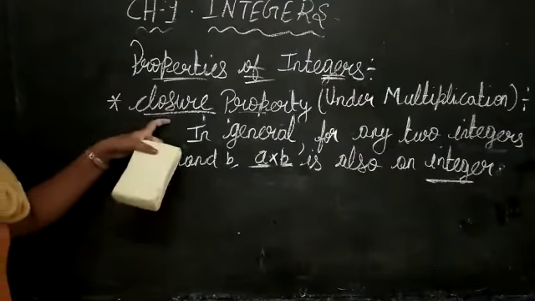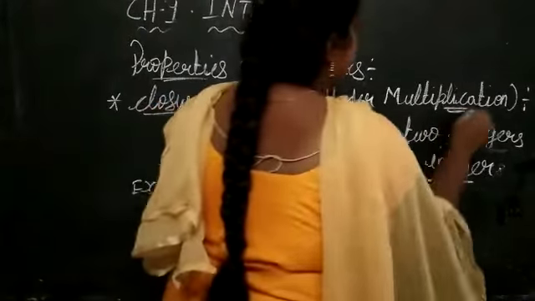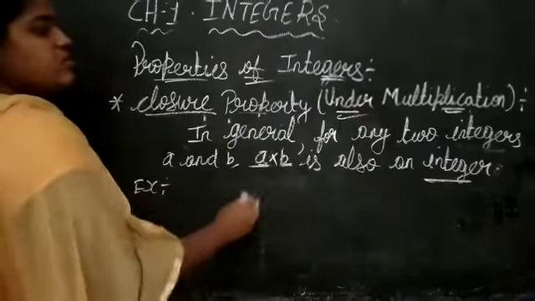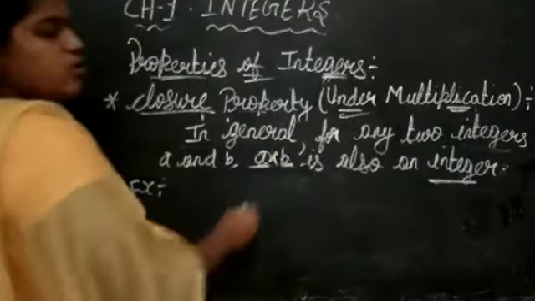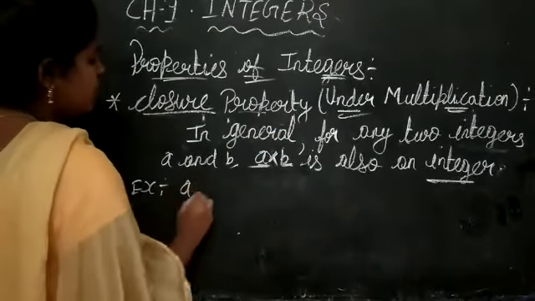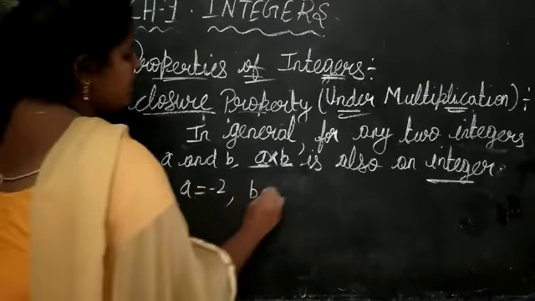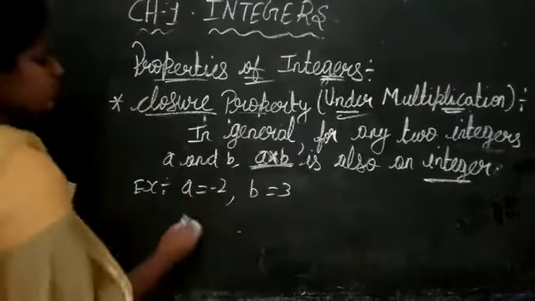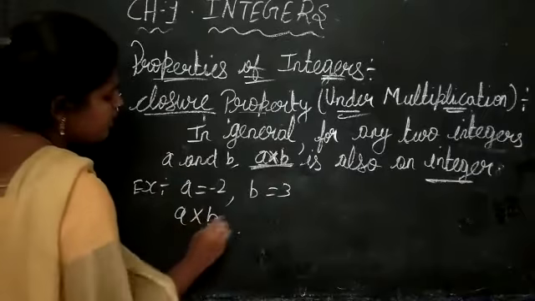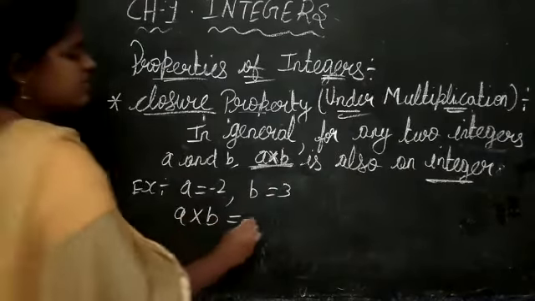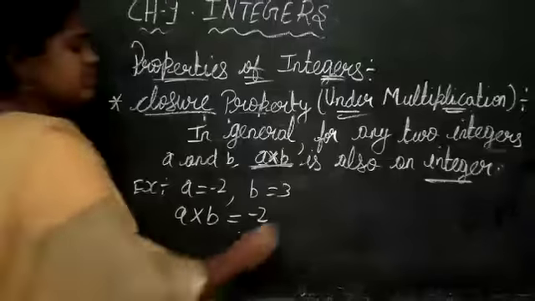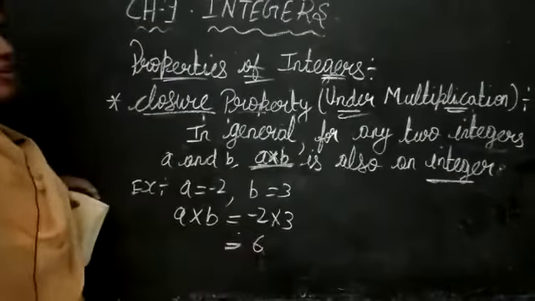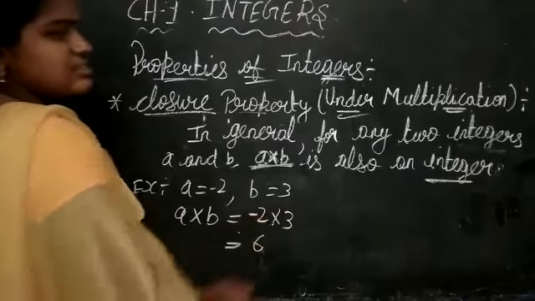Now next, closure property under multiplication. Under addition you took a plus b, so under multiplication it is a into b. Again take a value minus 2 and b value 3. Now a into b: a value is minus 2 and b value is 3. 2 threes are 6.